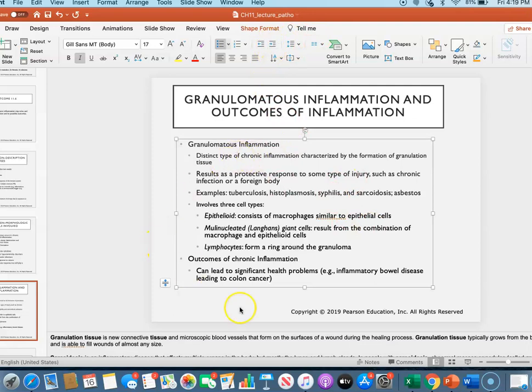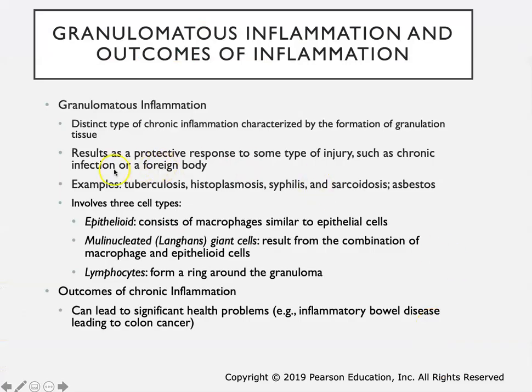Another type of cell, and these are cell types that I haven't talked about, worth mentioning because they're different, are the multinucleated Langhans or giant cells, which result from a combination of a macrophage and an epithelioid cell. Also, lymphocytes are involved that will help form a ring around that granuloma, which keeps it confined to that area.